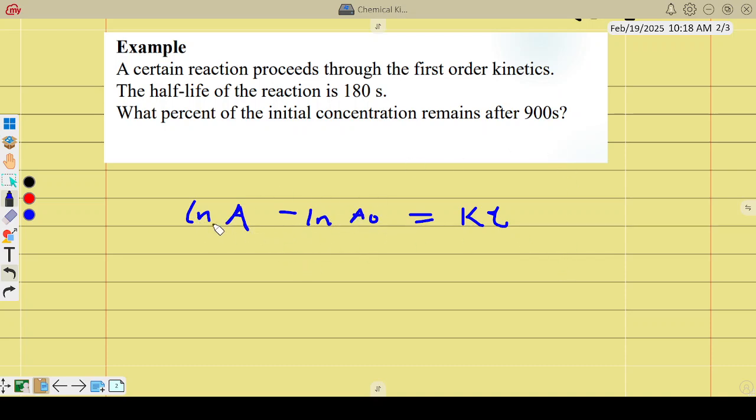When we simplify this even further, working backwards, we have ln A over A naught. This is where all these were coming from. This same part you are seeing here shows the percentage. If you're able to work it out, then you have solved the percentage. This is what this question is asking about. So now let's deal with it.